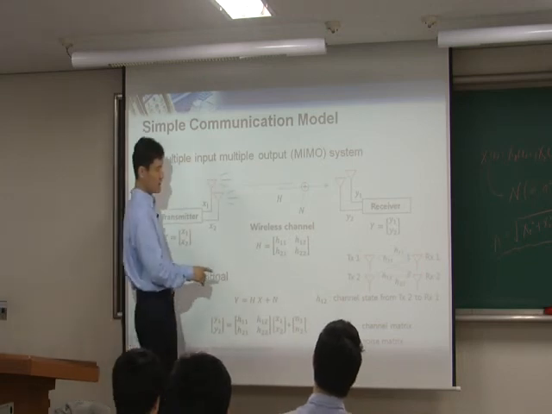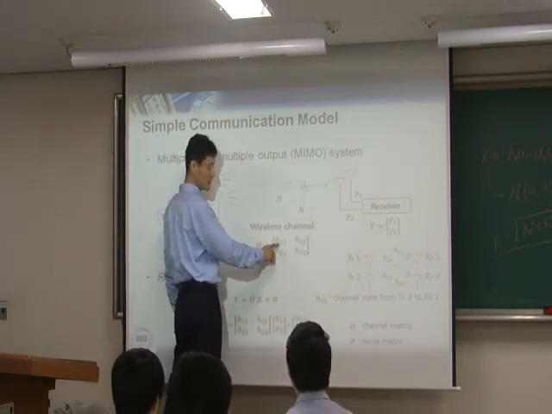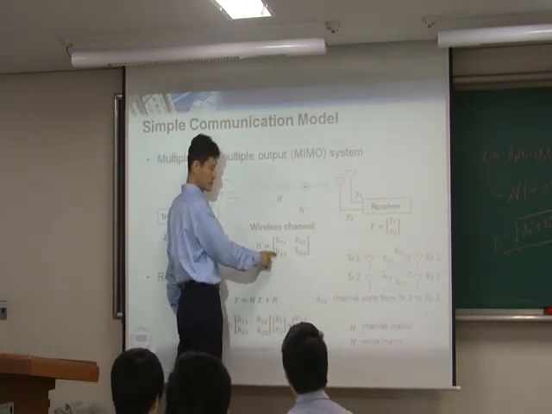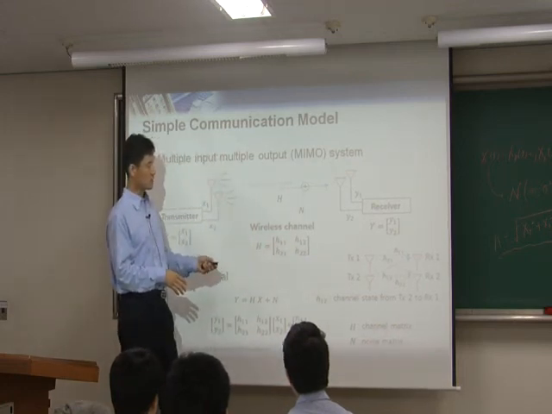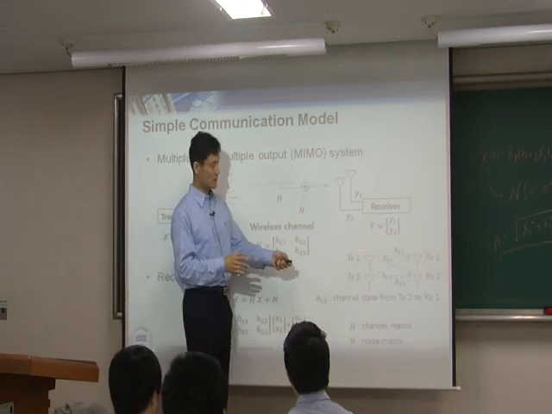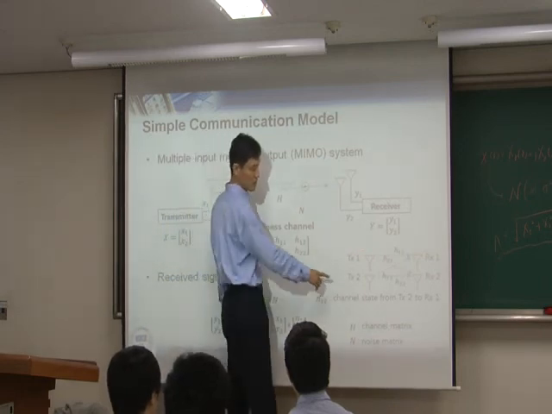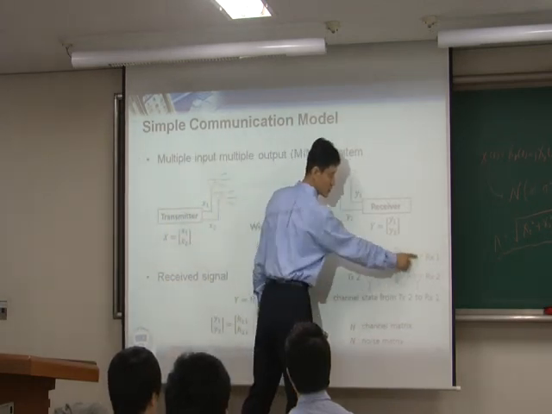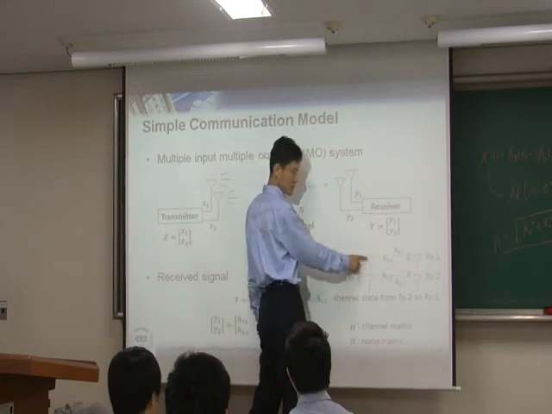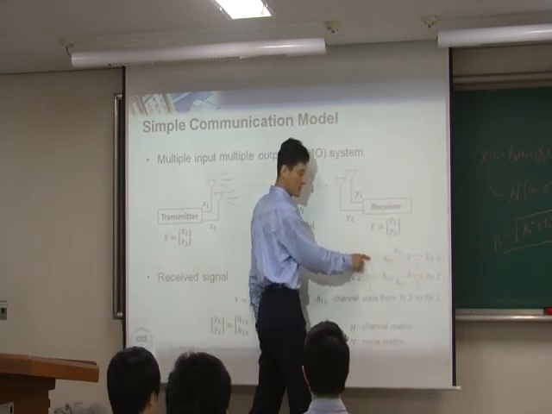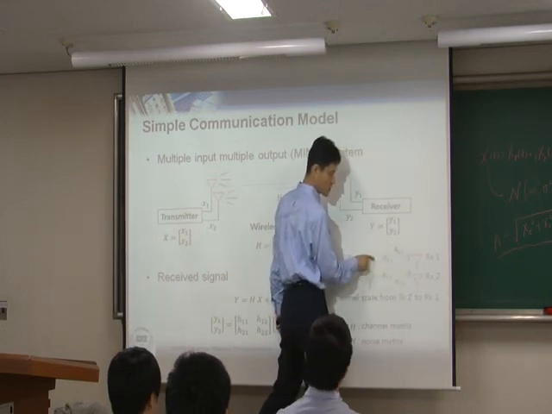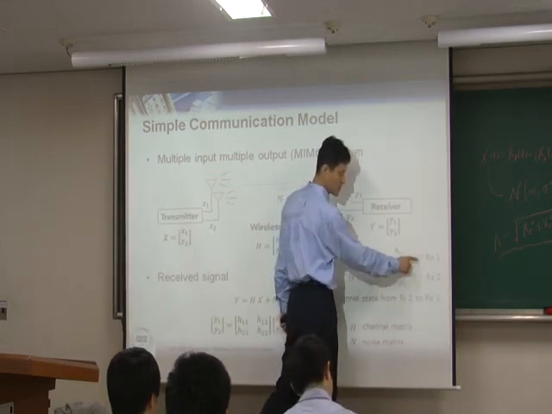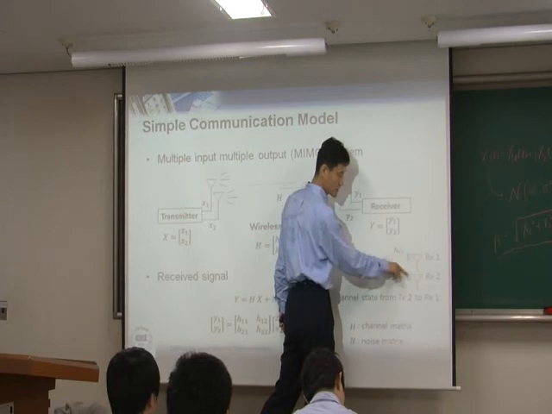Now let's find out what H11, H12, H21, H22 are. This is a channel matrix, and it is 2 by 2. The reason is, as you see in this picture, we have two transmit antennas and two receive antennas. The transmitted signal from the first antenna will go this way and that way, so that transmitted symbol will be received by two different antennas over two different channels.